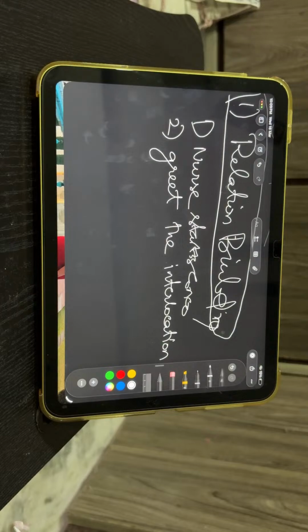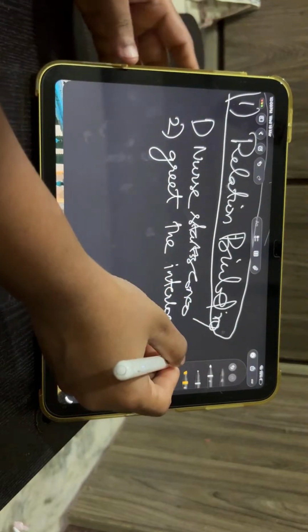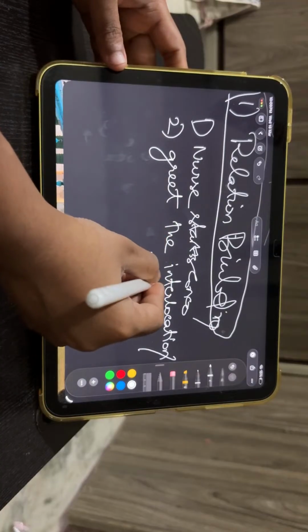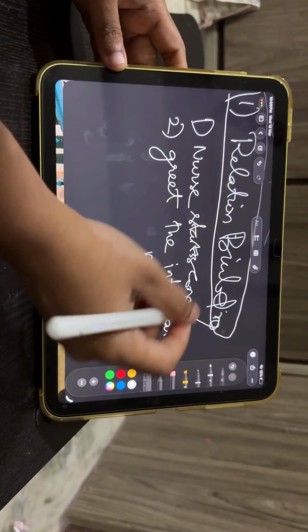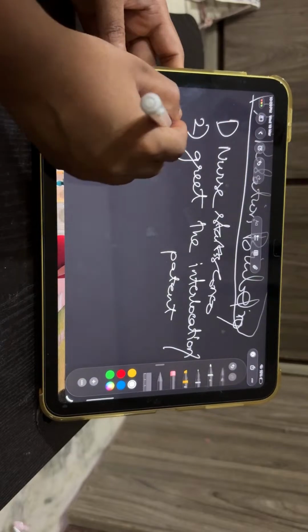Same thing before starting a conversation. Good morning, myself Ashwati, one of the staff nurses in this hospital. I am your attending nurse today. How can I help you? How are we starting? With greeting we are starting. So you have to start with greeting. Greet the interlocutor as well as the patient. This is also assessed. This is part of relationship building.